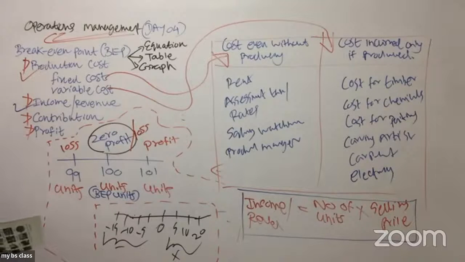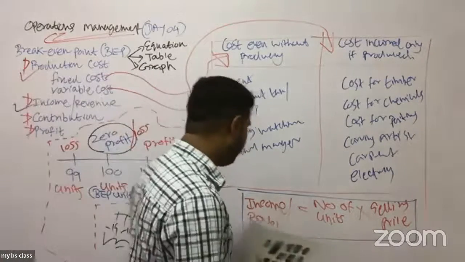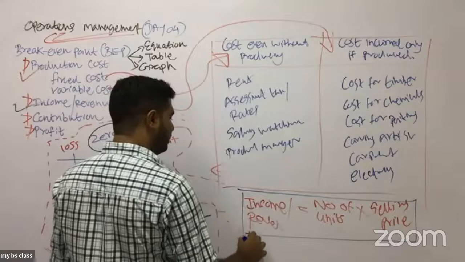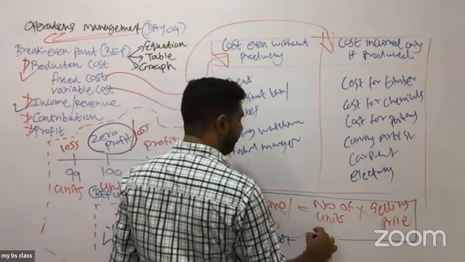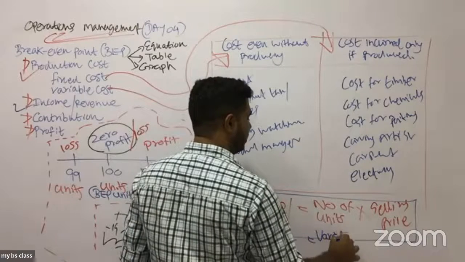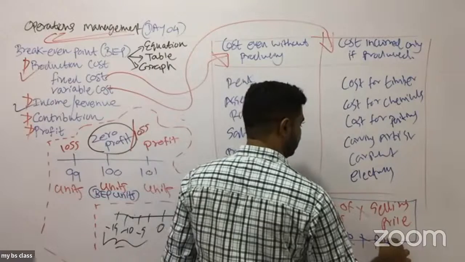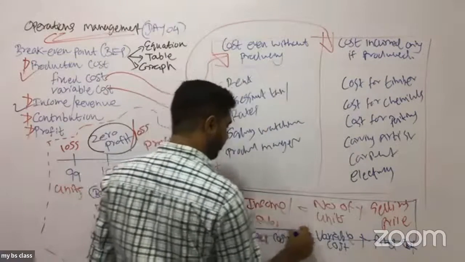And the total cost is your fixed cost plus variable cost. So your total cost equals your variable cost plus your fixed cost.